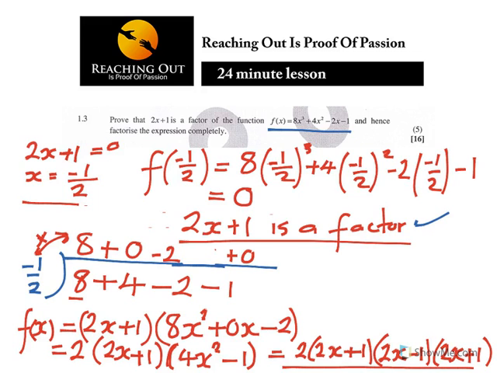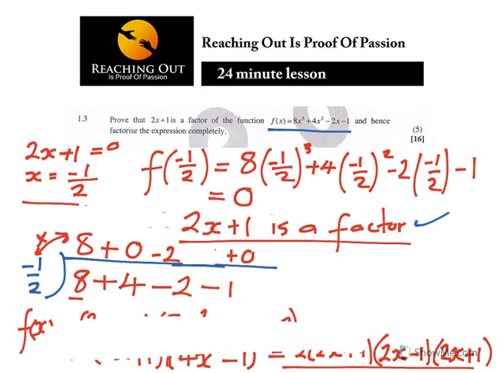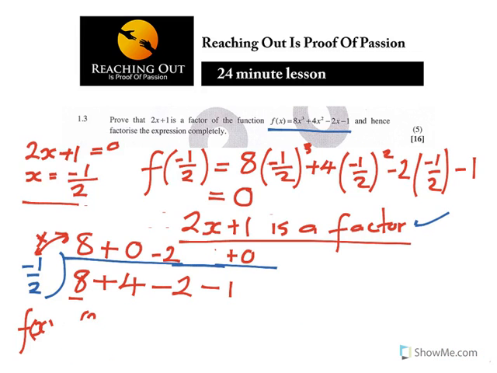Another way to approach this one will be to do a long division, and maybe quickly let me show you the long division, but the last stages will be the same.